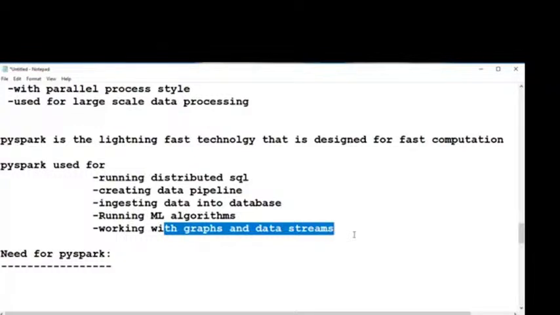Need for PySpark: a large amount of data will be generated, right? That data will contain patterns, unknown correlations, market trends, customer preferences, and other useful business information. We need to extract only the required data from that given data.